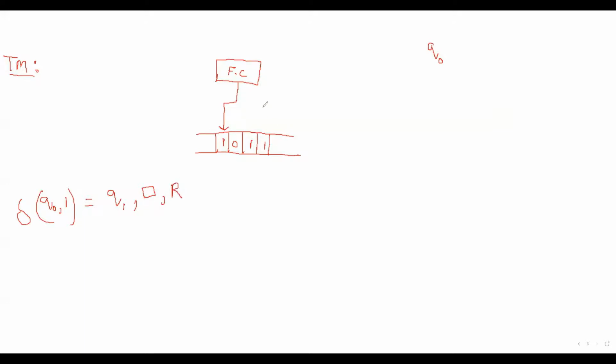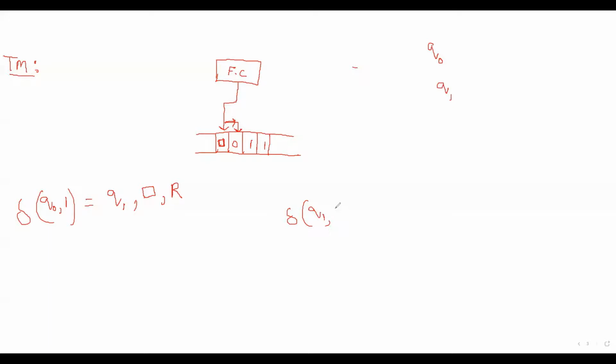Okay. So what will happen after this? What will be the new state? The new state will be Q1. And this head moves in the right direction. But before moving right, it has to rewrite a blank symbol here. So it is rewriting a blank symbol. Now it moves to this position. Now let's say it is in Q1, and what is the input?